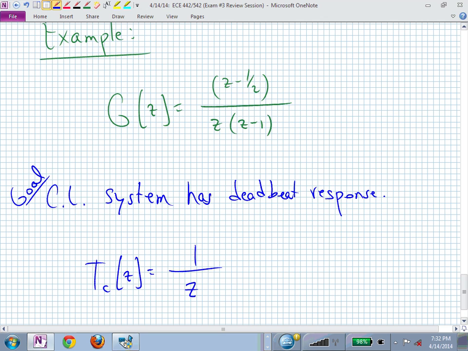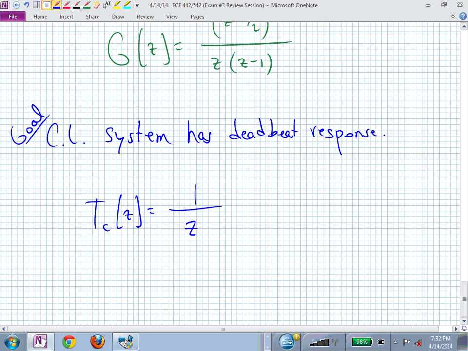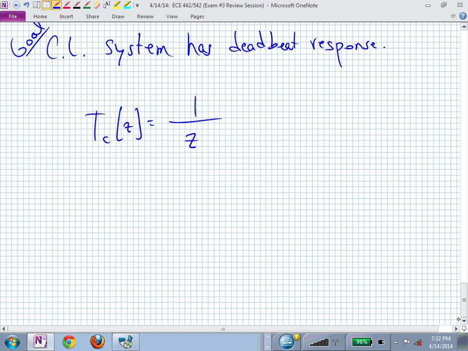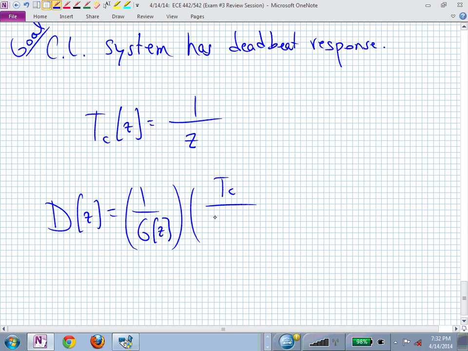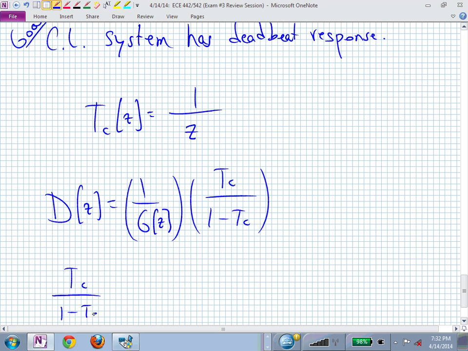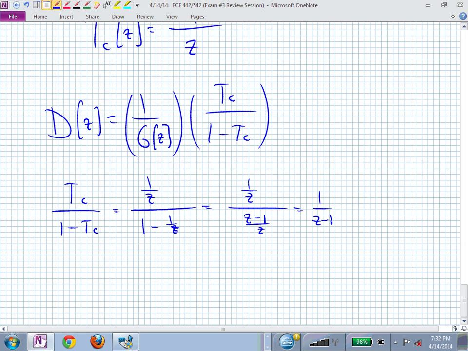Any questions? What if we found our controller? If this is our T sub C, our controller, D of Z, is 1 over G of Z times T sub C over 1 minus T sub C. We're going to need T sub C over 1 minus T sub C, and sometimes it's easier to just do that on the side. So that T sub C over 1 minus T sub C boils down to just 1 over Z minus 1.